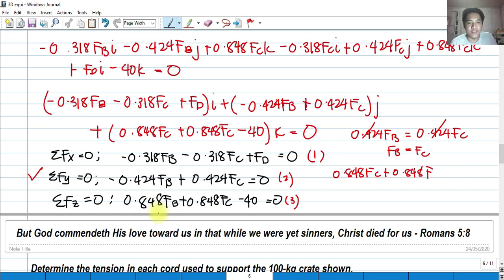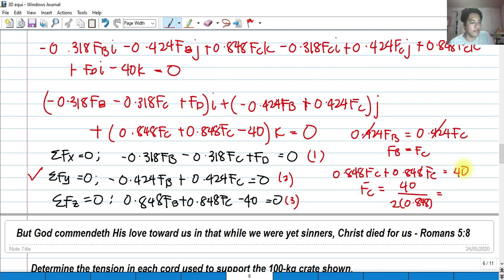So if we substitute, we can get F_C or F_B since they are equal, so what we're going to do is solve for F sub C. We have 0.848 F sub C plus 0.848 F sub C equals 40. So F sub C would be equal to 40 over twice 0.848.